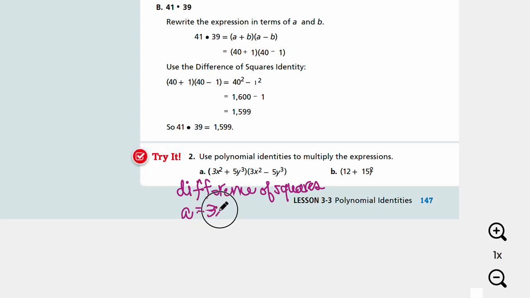A is 3x squared, and then b is 5y cubed.